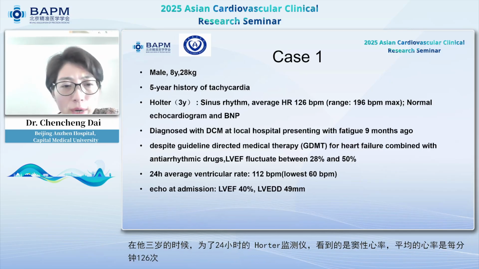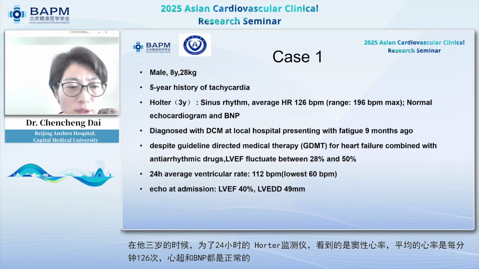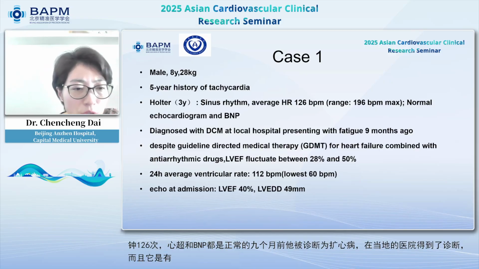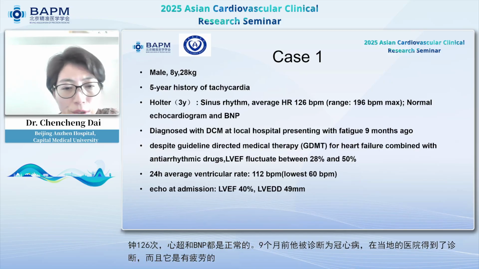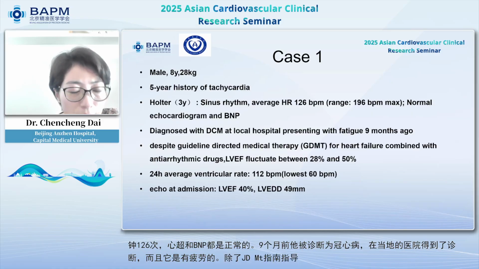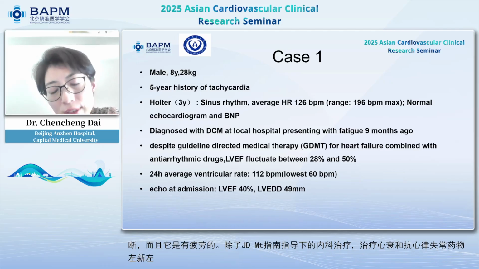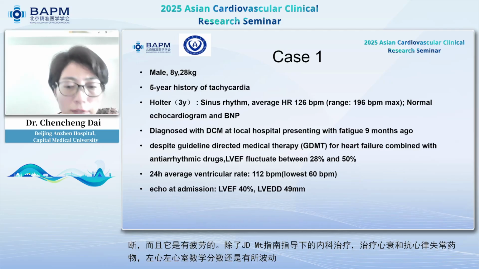The echo and the BNP were normal. 9 months ago, he was diagnosed with dilated cardiomyopathy at a local hospital because of fatigue. Despite guideline-directed medical therapy for heart failure combined with antiarrhythmic drugs, his left ventricular ejection fraction fluctuated between 28 and 50%, never normal.